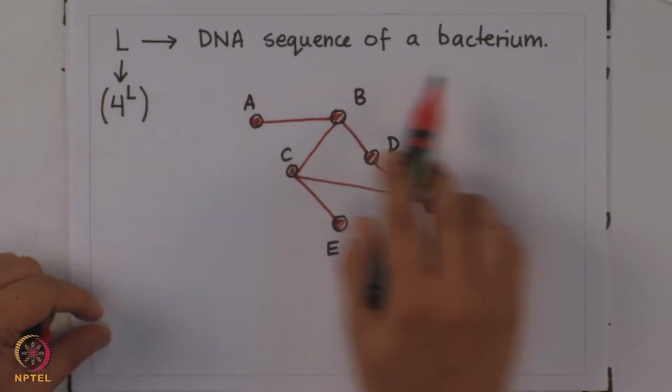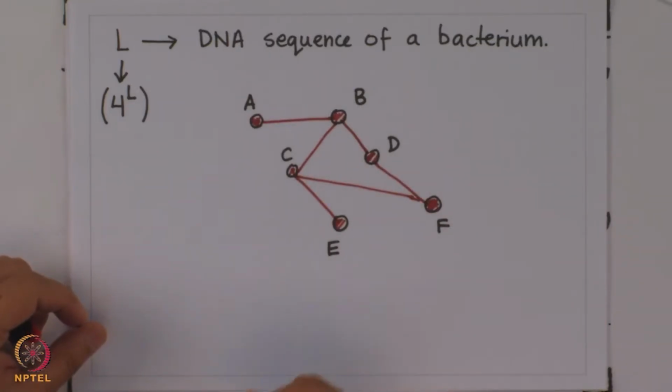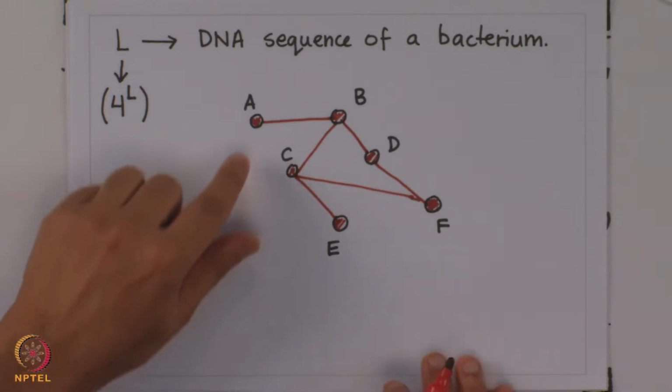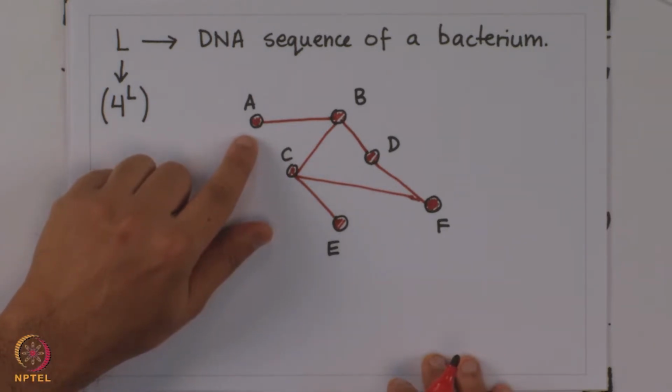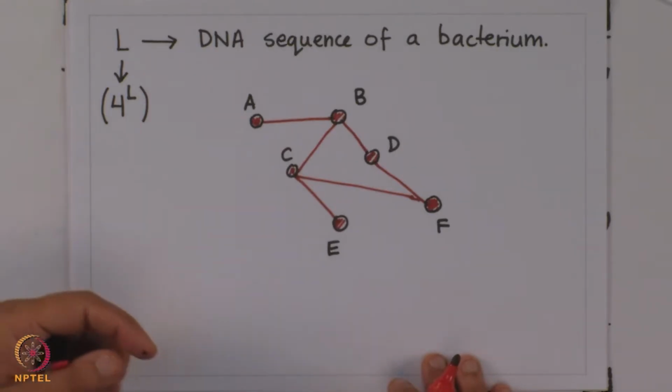Because L is a DNA sequence of a bacterium, every sequence is going to have a corresponding growth rate associated with it. If I had a bacterium whose DNA sequence corresponded to that of node A, that bacterium would have a growth rate associated with it.